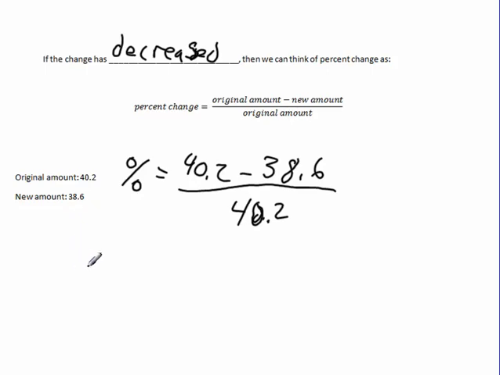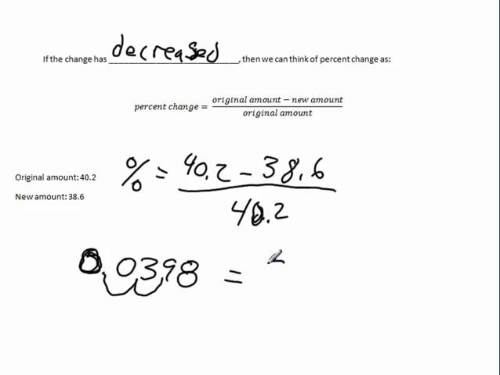So let's write that out: 0.0398. Okay, that's my decimal, so let's change that to a percent by moving our decimal place 2 units to the right.